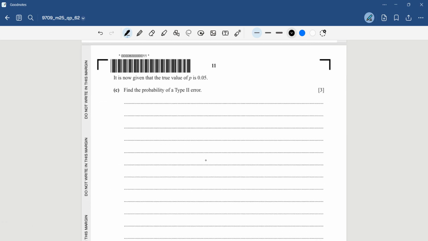Okay, now for C, it is now given that the true value of P is 0.05. So now instead of 0.2 it is going to be 0.05. Find the probability of type 2 error.